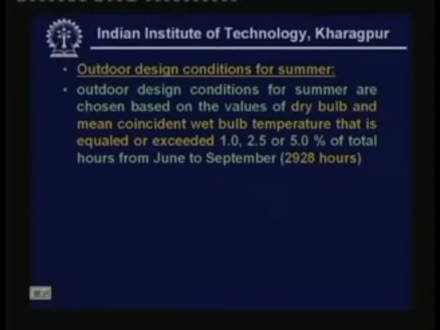So, what it basically means is, let us say that I am selecting the 1% value. That means 1% of the time the outside conditions will be higher than the selected condition. 1% of 2928 is roughly about 30 hours. So only during 30 hours the outside conditions will be hotter and more humid than the selected conditions.